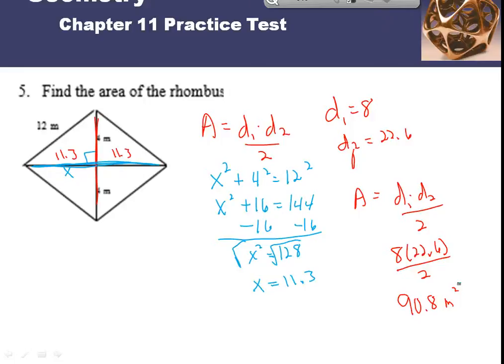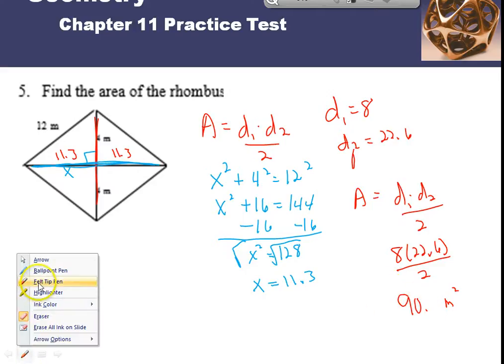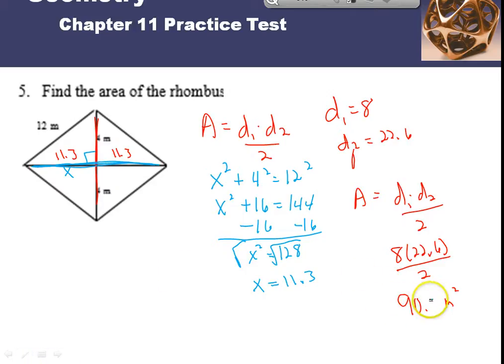Okay, 90.4, sorry. It's 90.4. Meters squared.